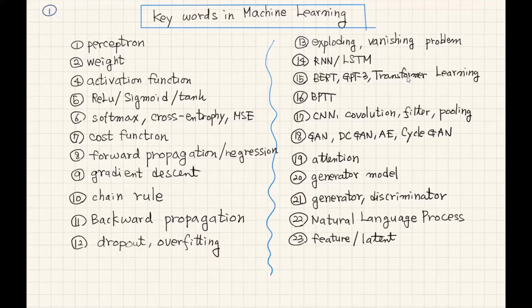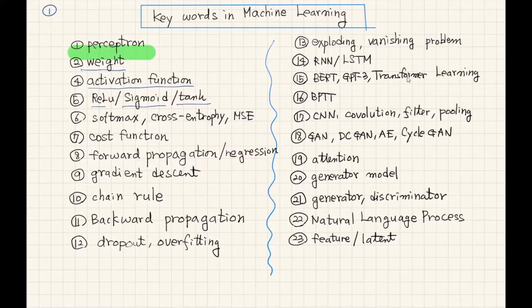Now we understand what a perceptron is, and we know what a weight is. During the backpropagation, we update the weight until we find the optimal deep neural network. Also, we know what an activation function is. An activation function is a nonlinear function in the perceptron. Depending on different applications, we use different activation functions, such as the ReLU function, sigmoid function, and hyperbolic tangent function.